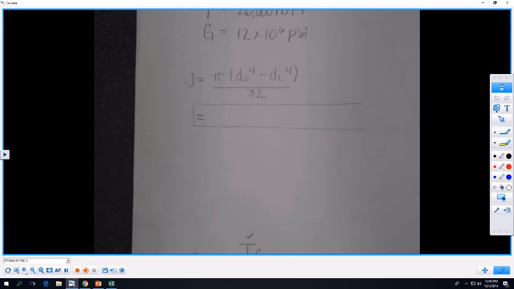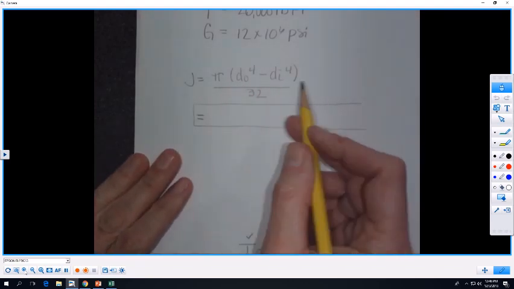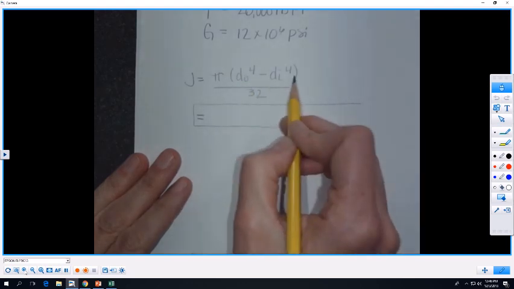Now, I have to remember my order of operations. Anything in parentheses is done first. Anything that is a multiplier or a power has precedence over a plus or a minus, and then I work left to right. So as I look here, I need to do the top, and then divide by 32.